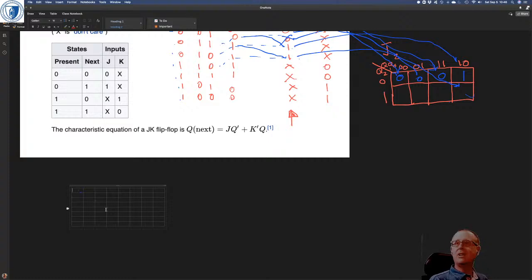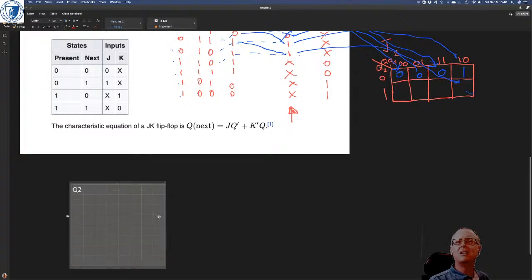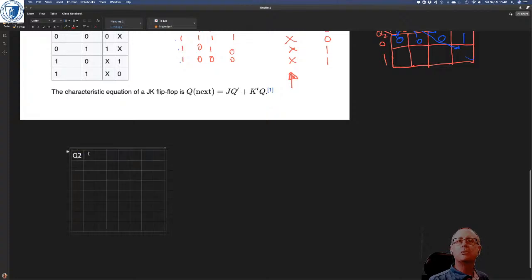So this is Q2, and let me make it a little larger, that might be more readable.